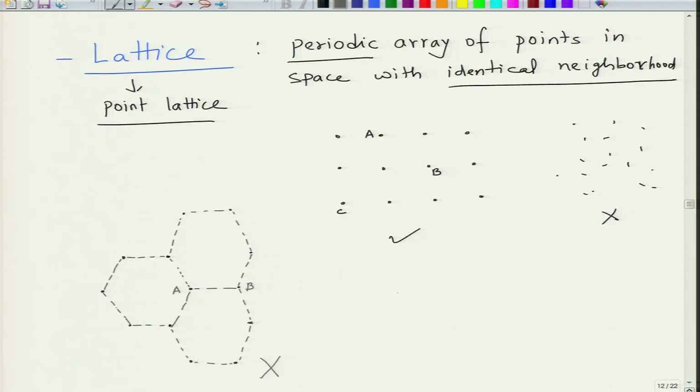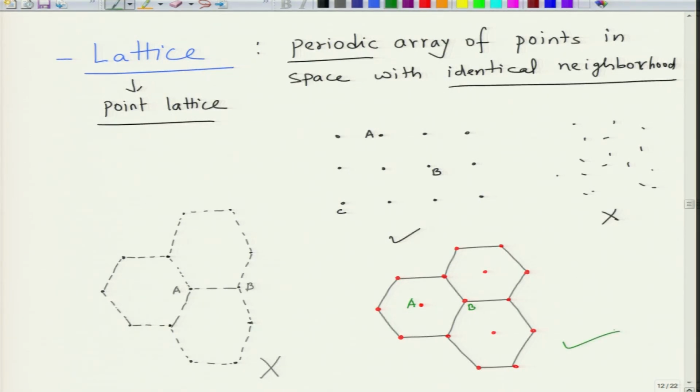However, if you have an arrangement like this, and I put points here, here, here, here, here, here, and additionally I put a point at the center, then whether I look at point A or B, all of them have identical neighborhood, which means this is a point lattice.